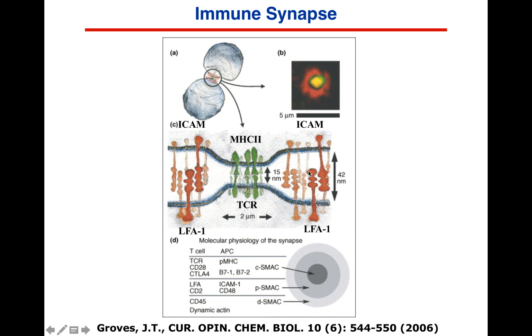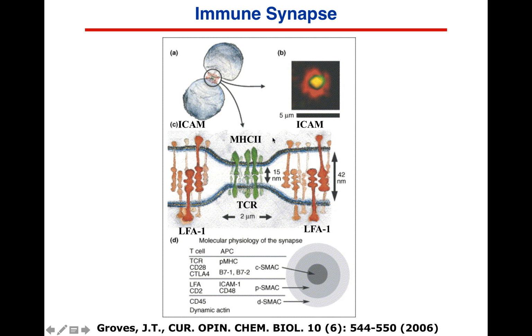Now we can see that a little bit clearer here. If we look on the side, the T cell receptor and the MHC2 on the APC side would be clustered in this area, and this is referred to as the immune synapse.